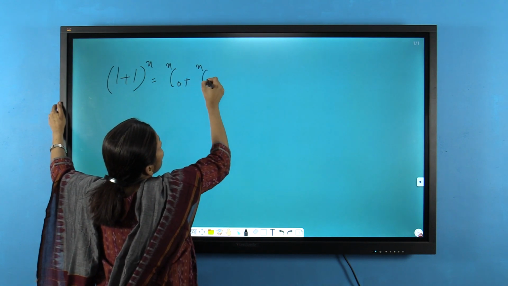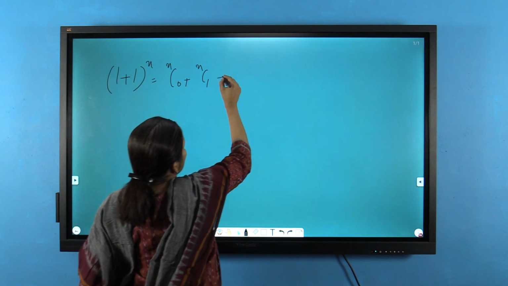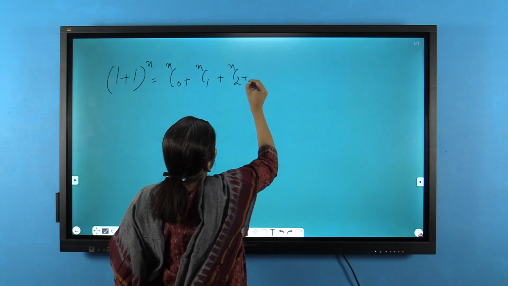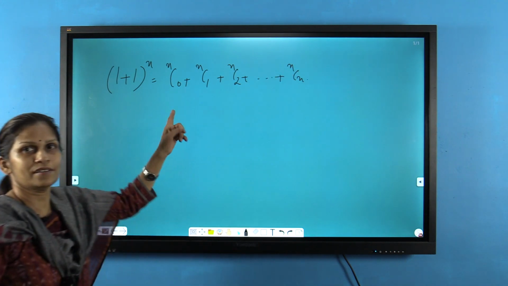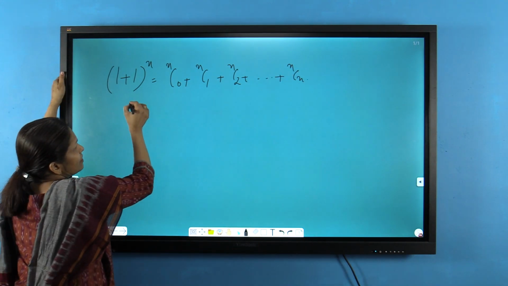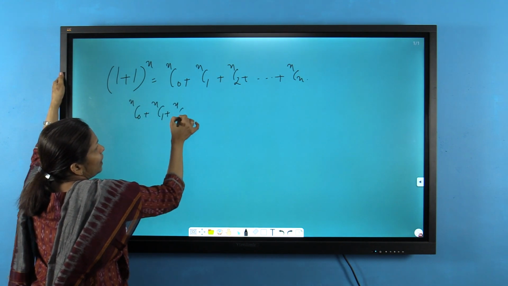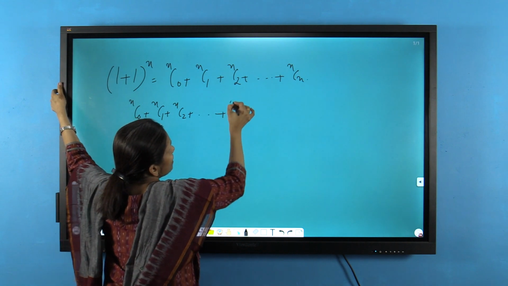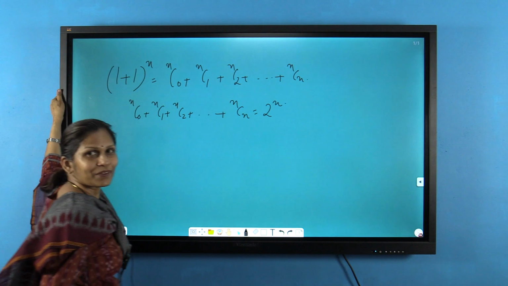Next is nC1, 1 raised to n minus 1 into 1, which is 1. Next is nC2, plus etc., plus nCn. So, this is the first result: nC0 plus nC1 plus nC2 plus etc. plus nCn is 2 raised to n.